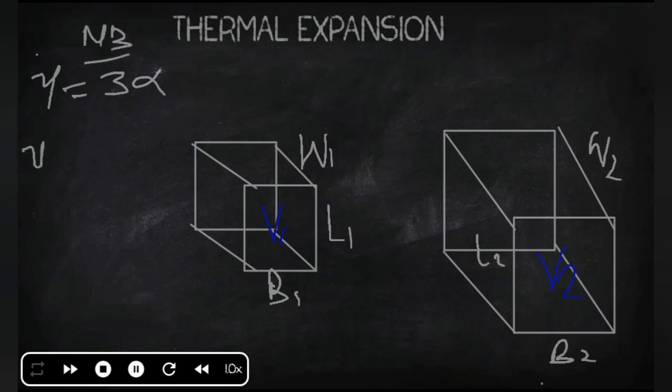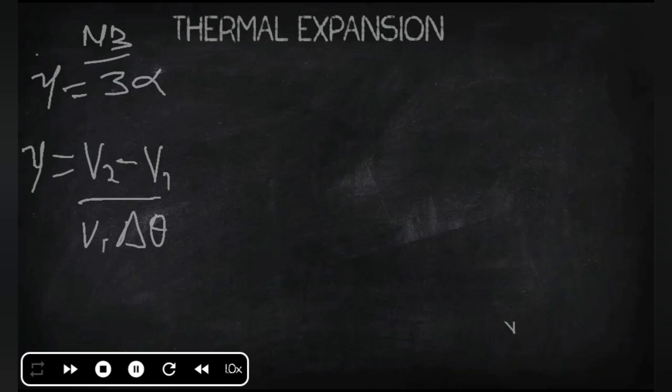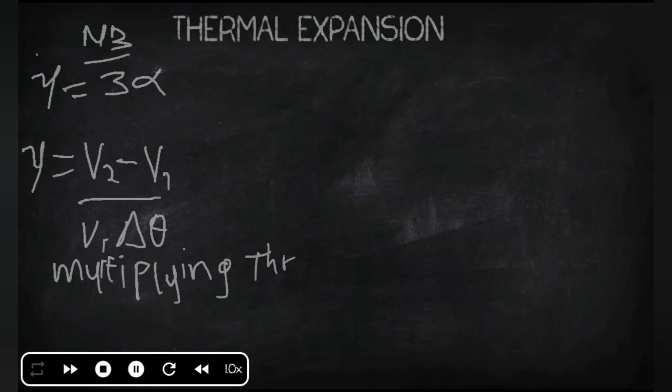So the first volume V1 is equal to B1 times L1 times W1, and V2 is the same. Since we are in cubic, we have to get another value for the expansivity, and this time around it's gamma. Gamma is equal to 3 times alpha, the linear expansivity.